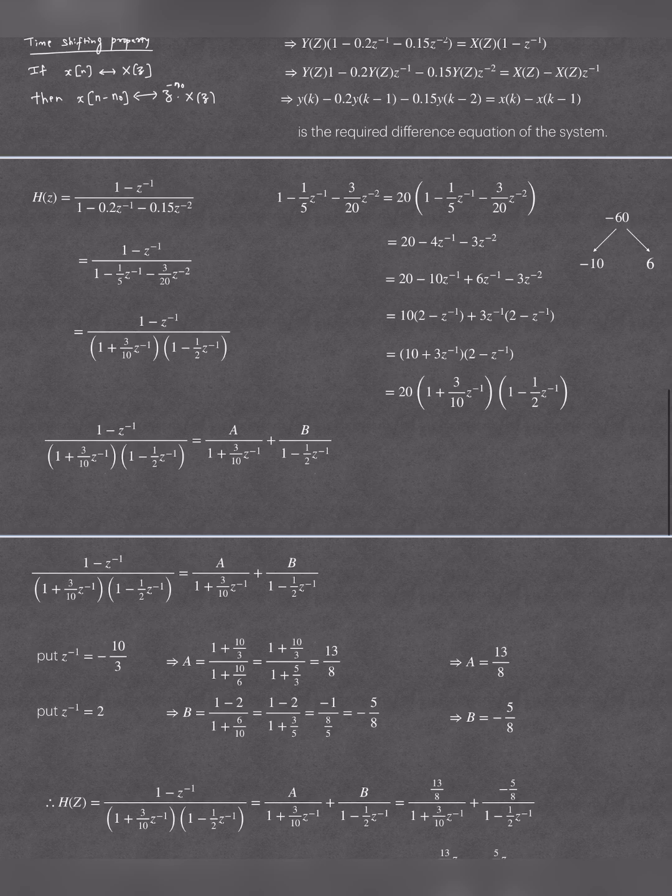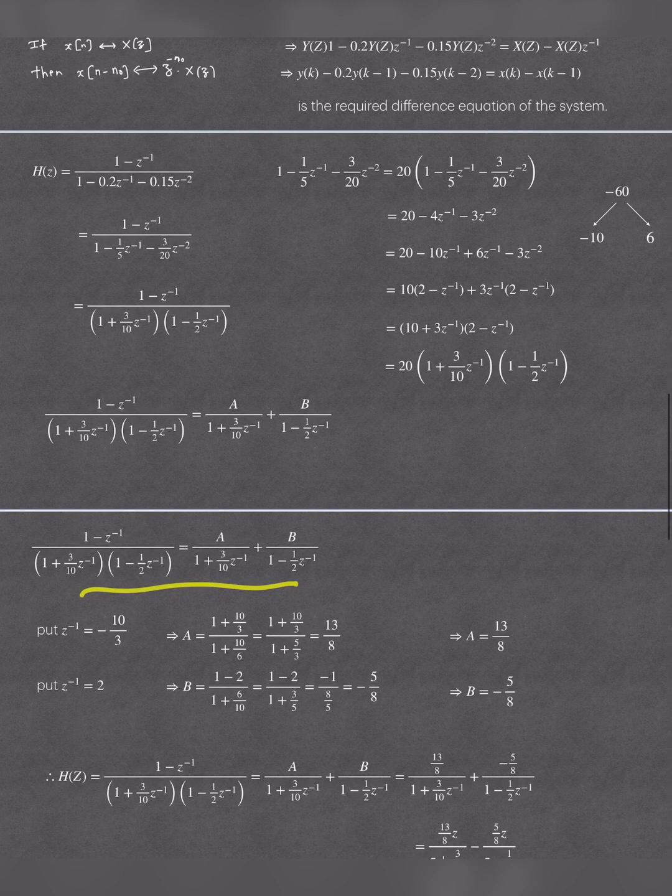So I'll use my cover-up method to do this process. Let me take this quantity in the denominator, 1 plus 3 by 10 z inverse, equal to 0, which will give me 3 by 10 z inverse equal to minus 1, or z inverse equal to minus 10 by 3.